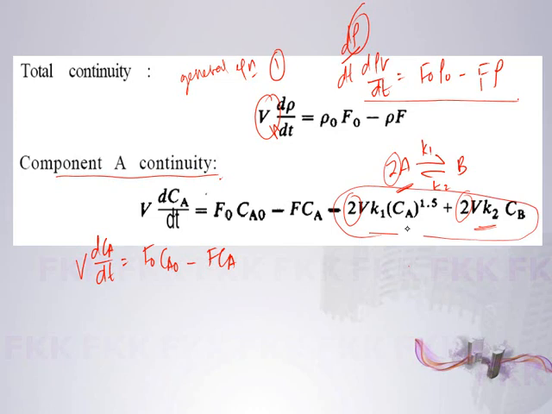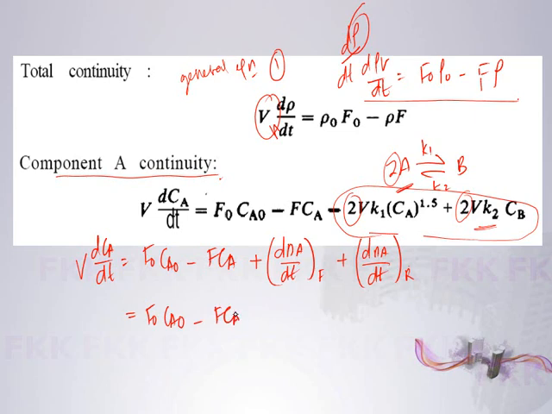That's where we have to go back. This one actually has plus dNA over dt for the forward reaction plus dNA over dt for the reverse reaction. So this one becomes F0 CA0 minus FCA.